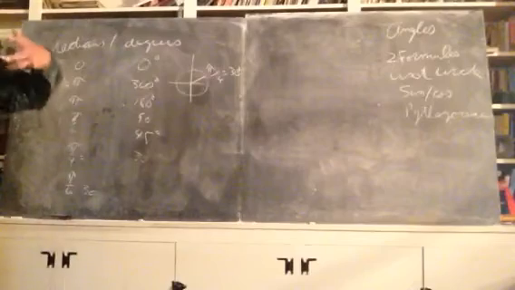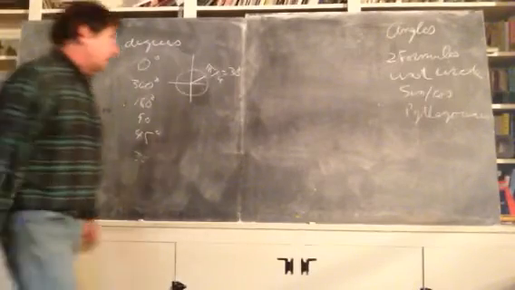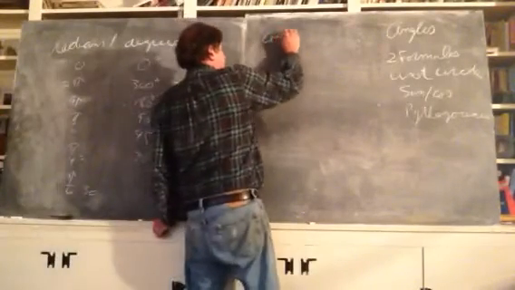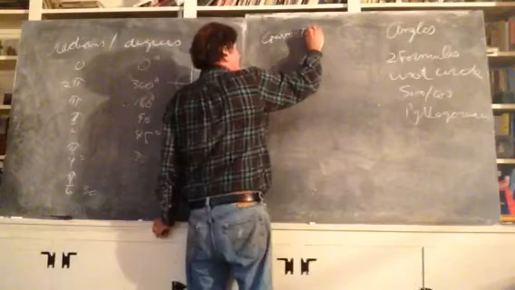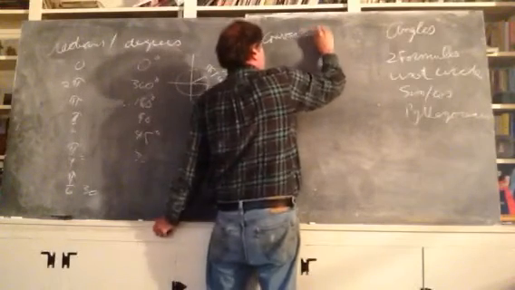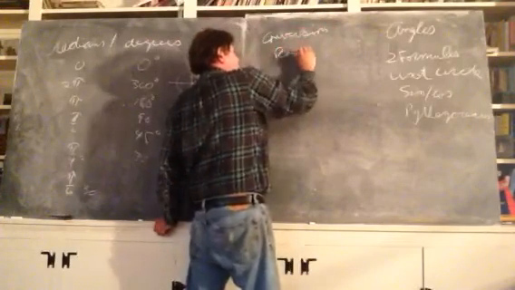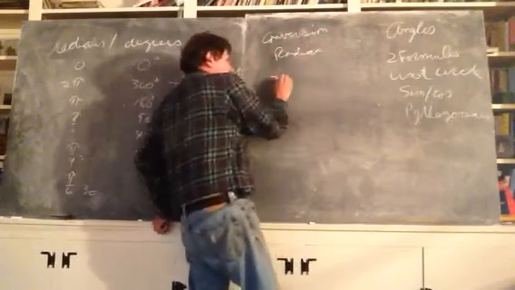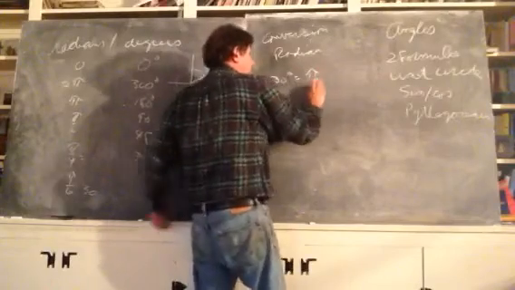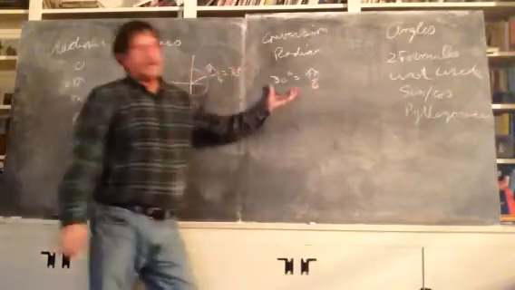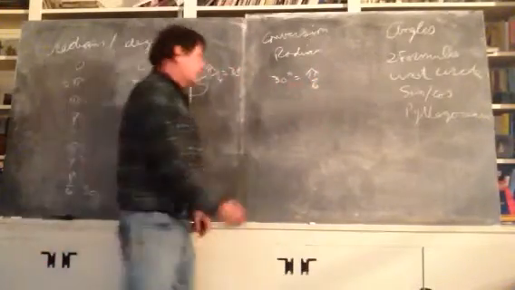And so, now, how do you convert between radians and degrees? Conversion between radians and degrees. Well, we said 30 degrees is pi over 6. So given 30 degrees, how did we get the pi over 6?